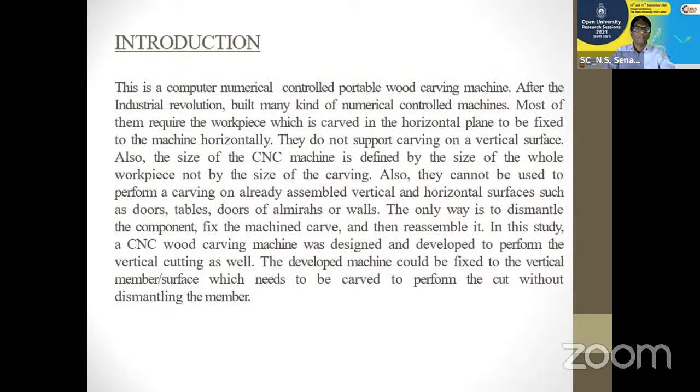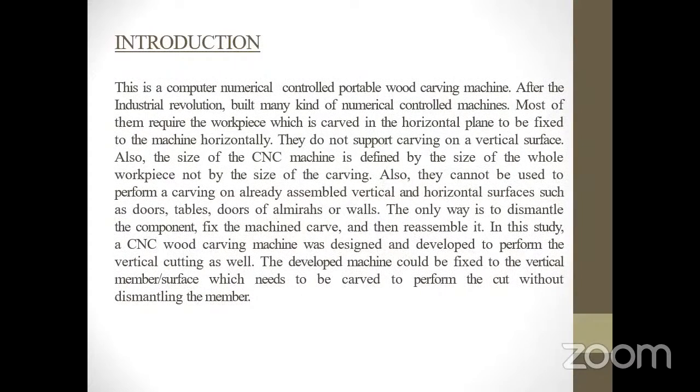Introduction. This is a computer numerical control portable wood carving machine. After the Industrial Revolution, many kinds of numerical control machines were built. Most of them require the workpiece which is carved in the horizontal plane to be fixed to the machine horizontally. They do not support carving on a vertical surface.